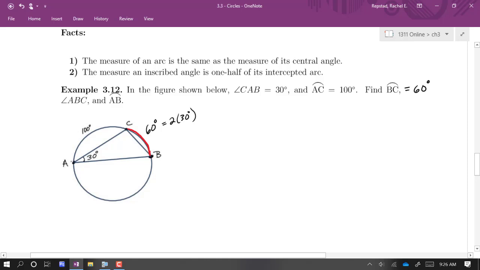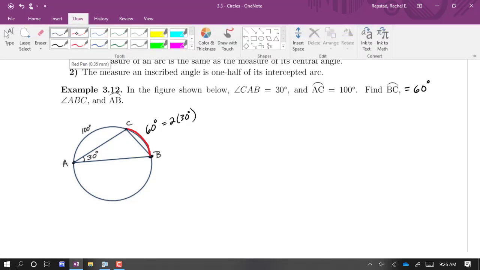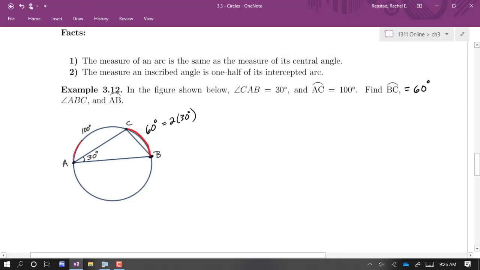And let's see, the angle ABC. We know the measure of the arc AC here is 100 degrees, and angle ABC is the inscribed angle for that arc. So angle ABC is 1/2 of the intercepted arc.